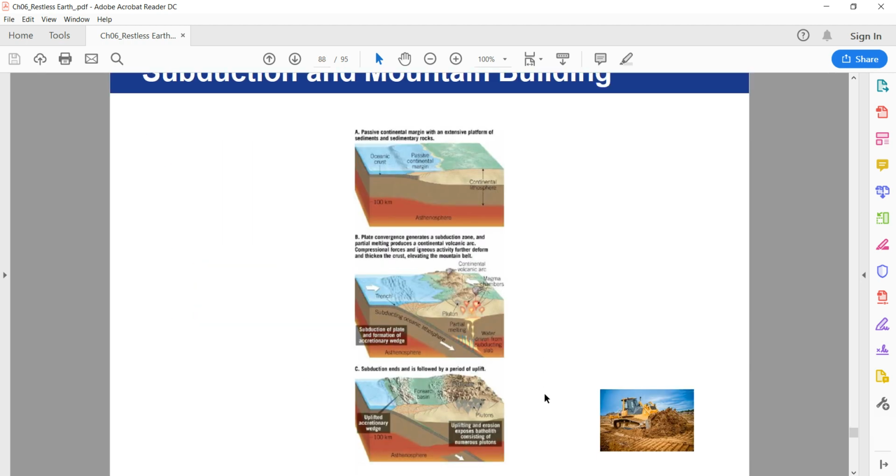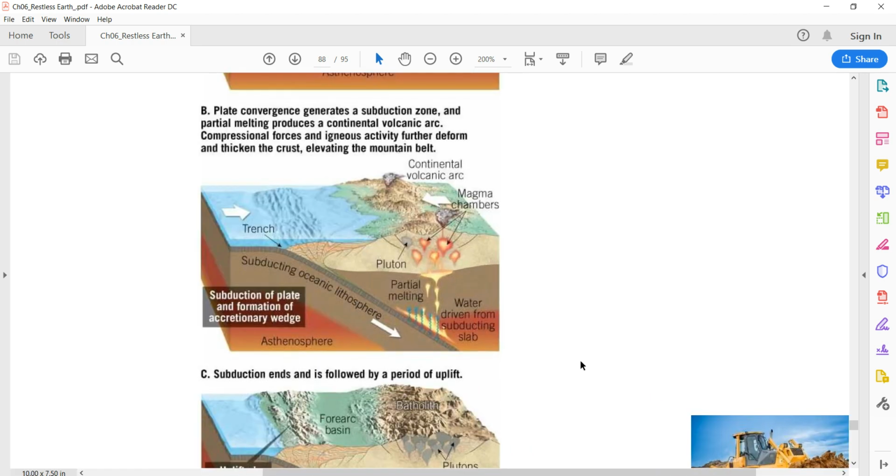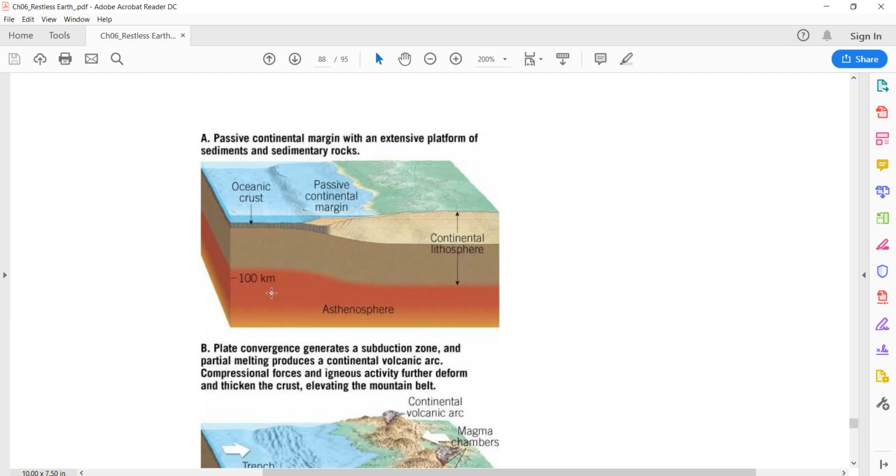So now let's look at the detail about this Andean type mountain building process. So here you have the oceanic plate on the left, and the continental plate on the right.